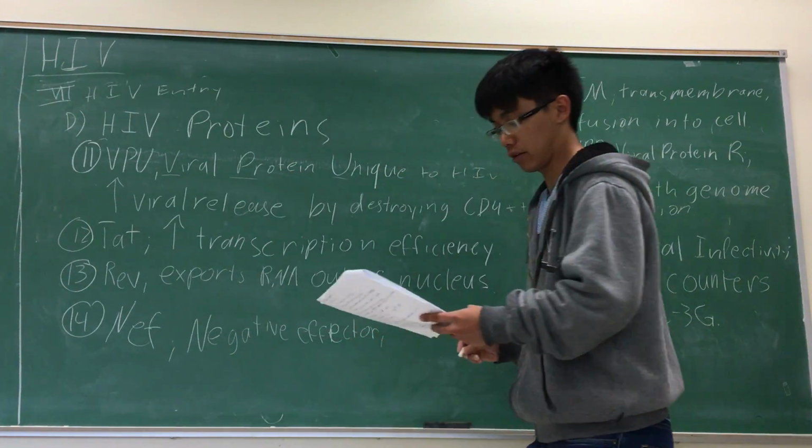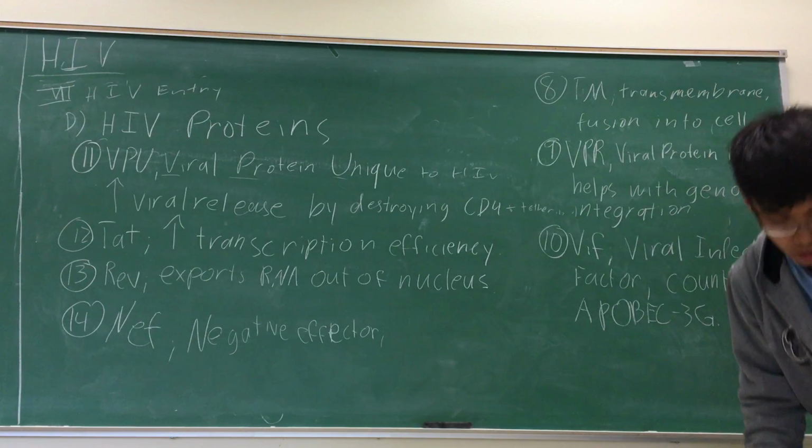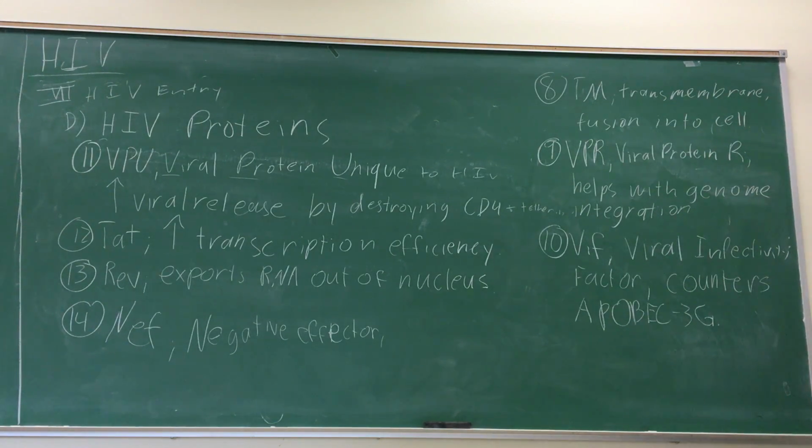Okay, so I'm not going to write this out because there's a lot, and I think it'd be easier if I just tell you what it does. This NEF protein, there's a high pressure for it to be working. So you mutate this gene in HIV, a few generations later it will become working again. The reason for that is that NEF is needed for disease.